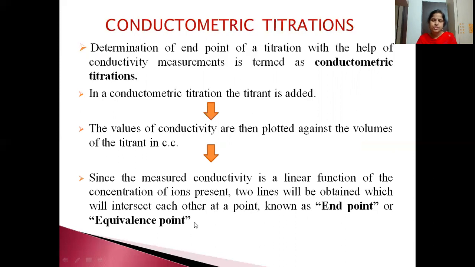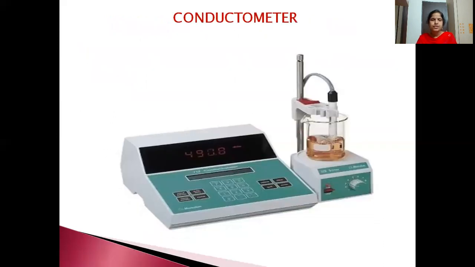What we will be doing here is this: this is the conductometer, this is the conductivity cell, and this is a magnetic stirrer on which the beaker is placed. We take a burette filled with titrant, keep on adding 1 ml at a time, and check the change in conductance, which is displayed on the conductometer.